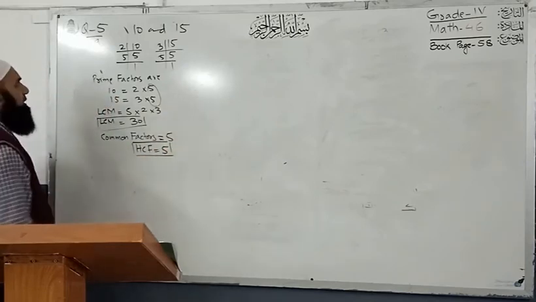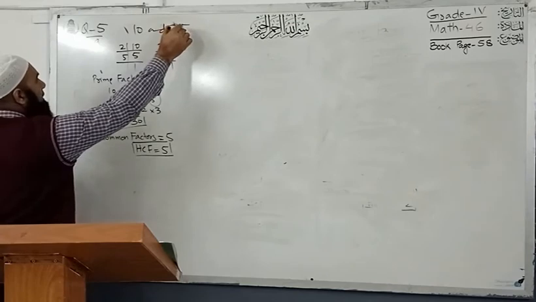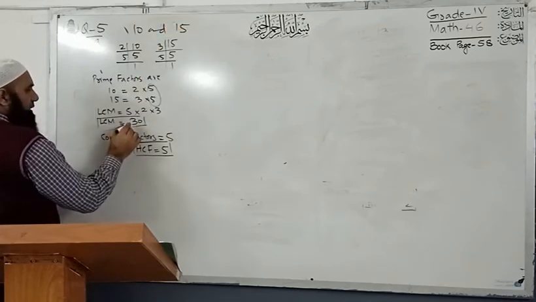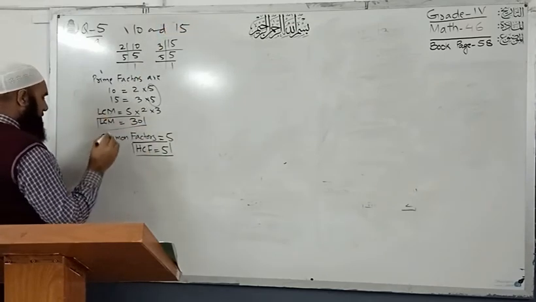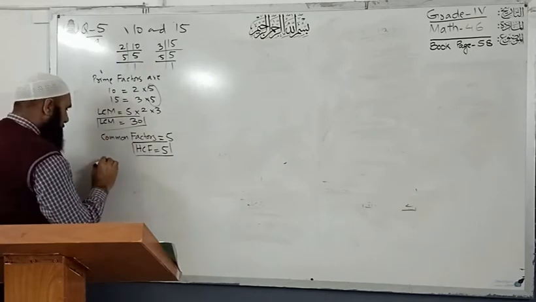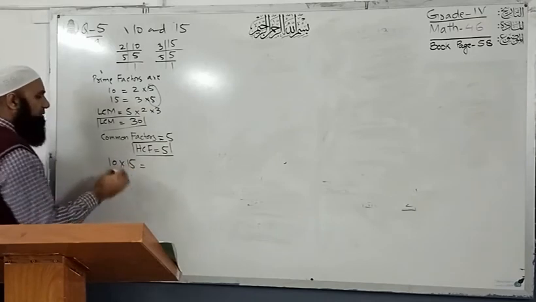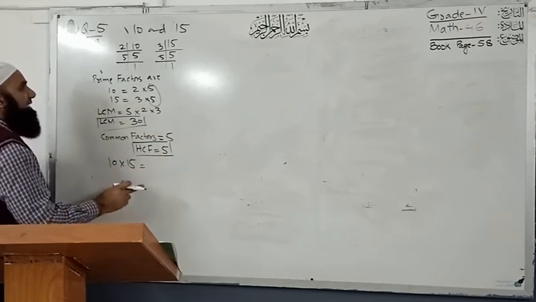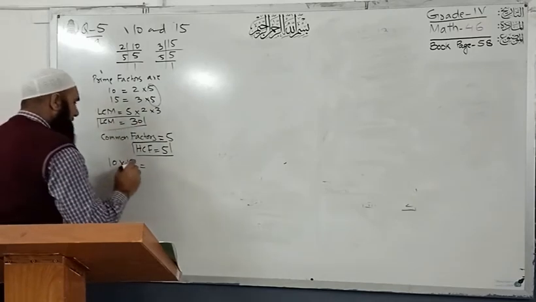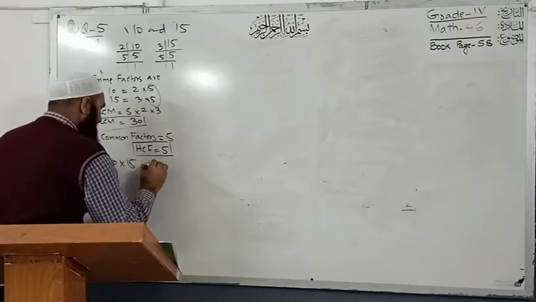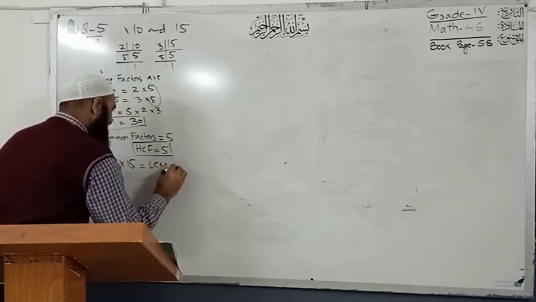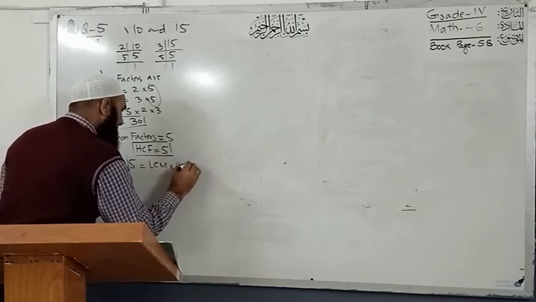Now we will check whether the product of these two numbers is equal to the product of LCM and HCF or not. So the product of these two numbers, 10 multiply 15. These are the two numbers. We check whether their product is equal to the product of their LCM multiply HCF.